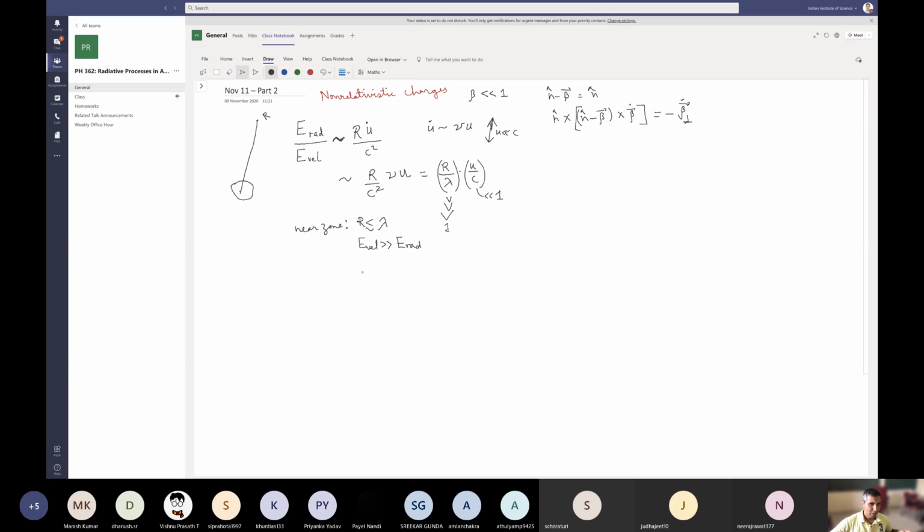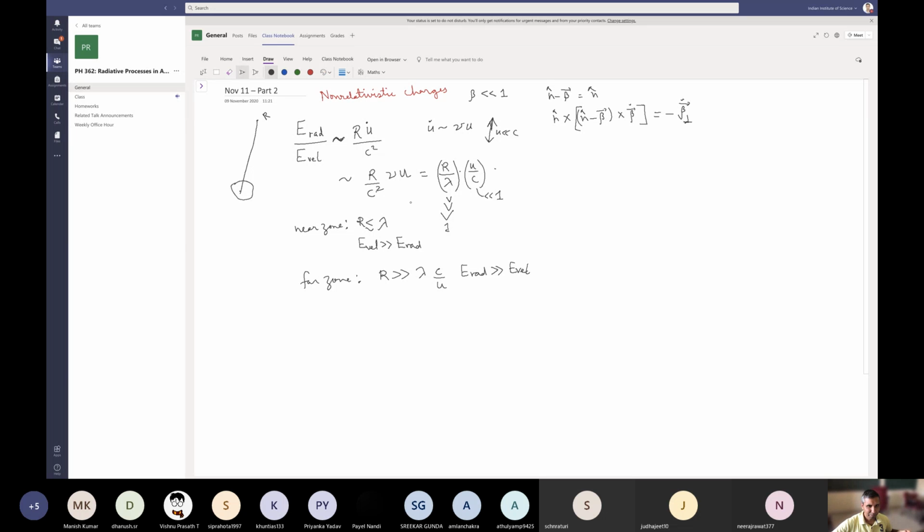The far zone is where r is much bigger than lambda c by u, so this is much bigger than 1, and we get E rad much bigger than E vel. But you can have an intermediate region between these two where the two electric fields are comparable, because one factor is much less than 1 and the other much greater than 1. At some r they can be comparable, so that is the transition from near to far zone.